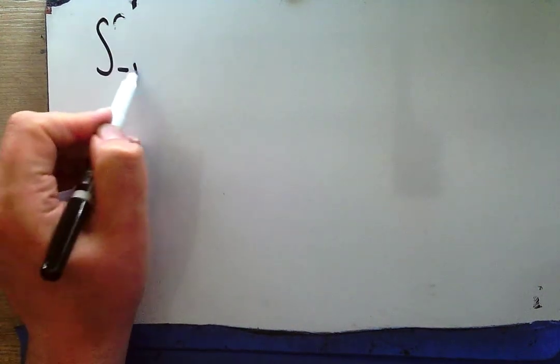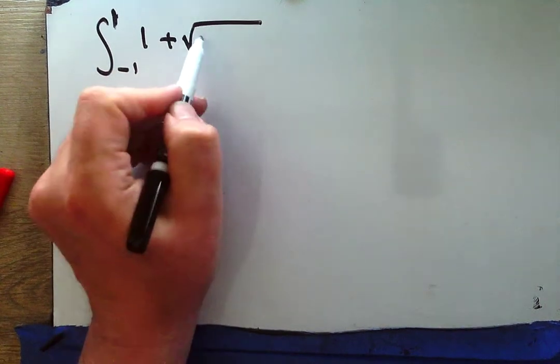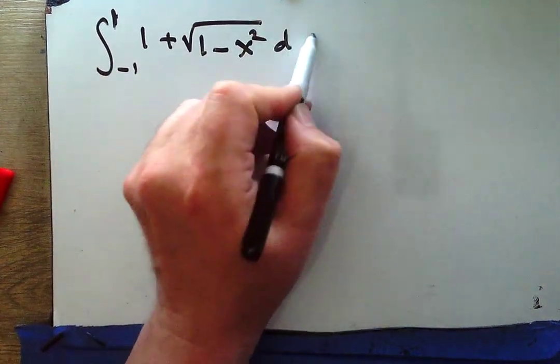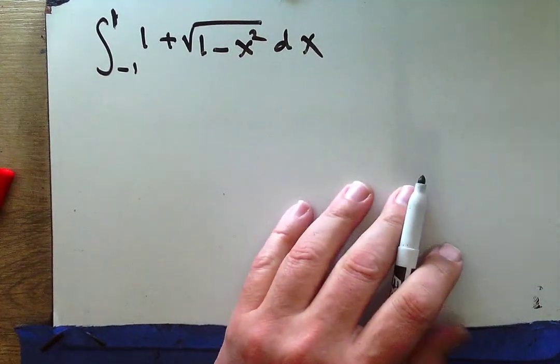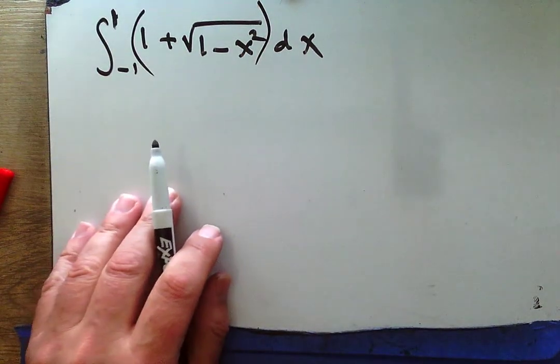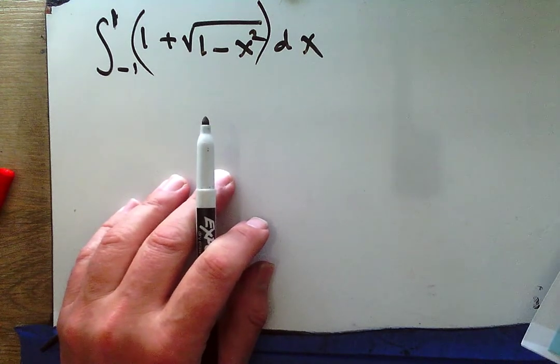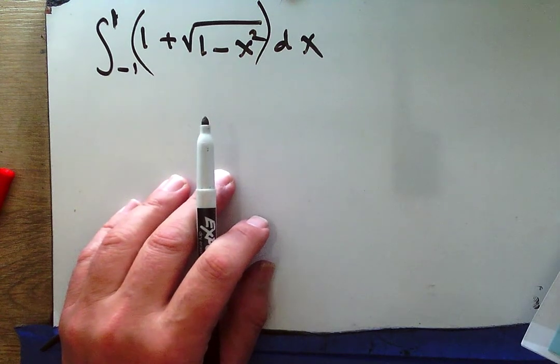Want to do one with a radical? One with a transformation? We'll do these last two. Integral from -1 to 1 of 1 plus square root 1 minus x squared dx. That's good. You should be able to do that. All right.